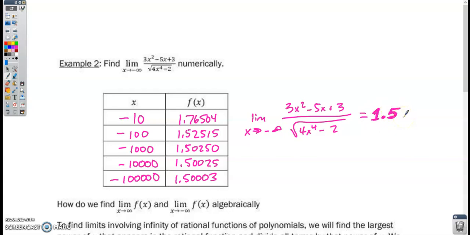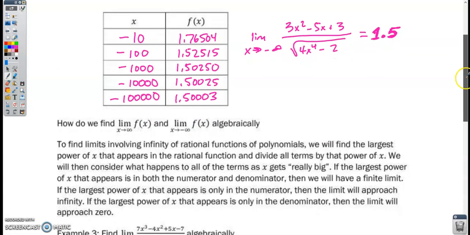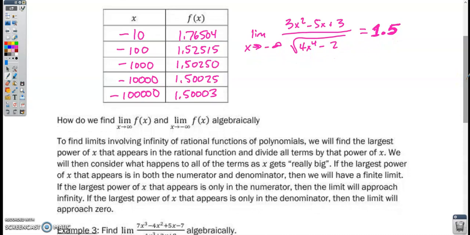Now say you did this problem and you didn't get those values on your table as you're working along. Chances are that you've probably typed your function in wrong, more likely. So next question: how do we find the limit as x goes to infinity and x goes to negative infinity of f of x algebraically?